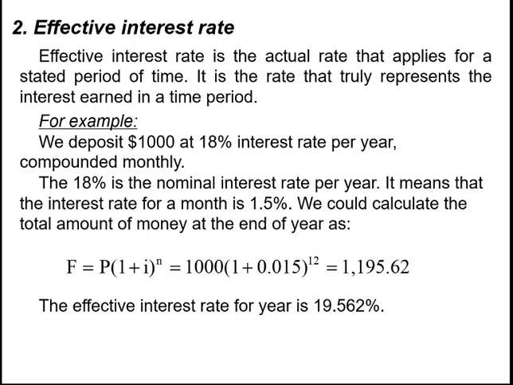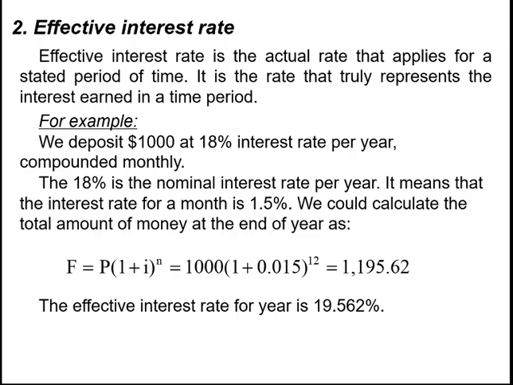Lưu ý như vậy. For example, we deposit $1,000 at 18% interest rate per year, compounded monthly. So the 18% is the nominal interest rate per year.